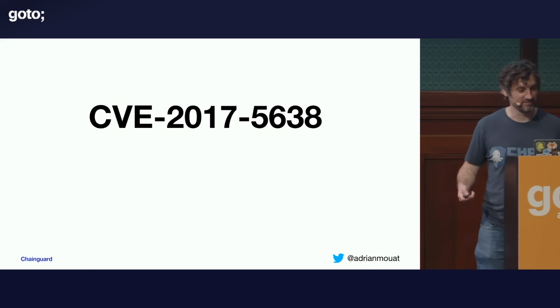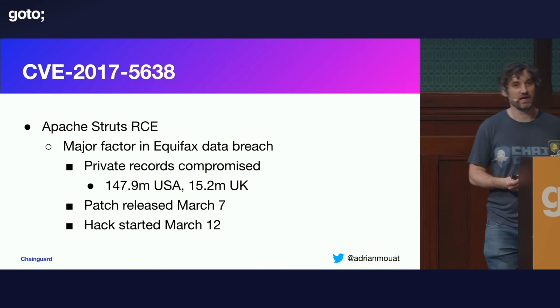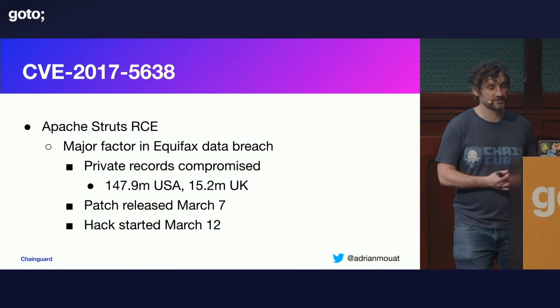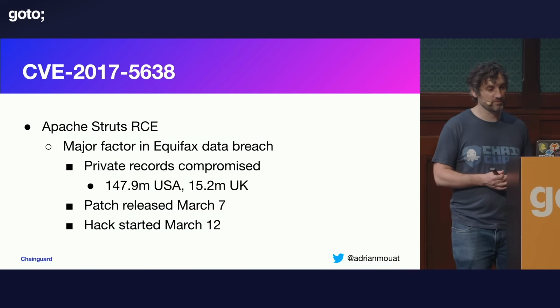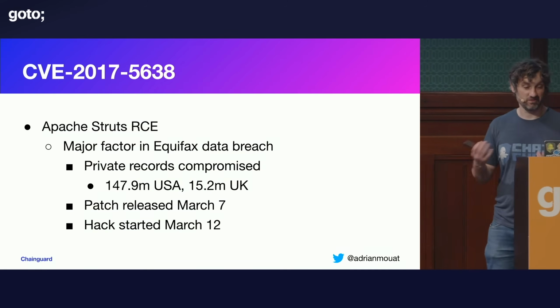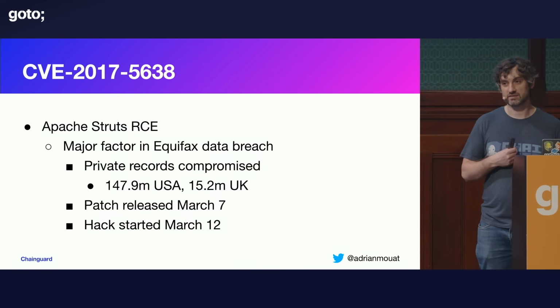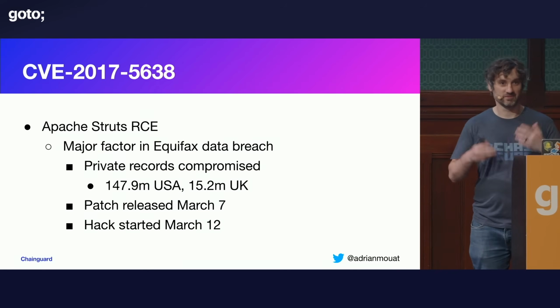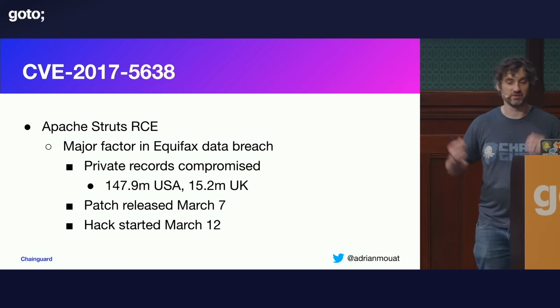It's actually Apache Struts. So this was a remote code execution in Apache Struts, which most of you are probably aware is a Java MVC framework. And it actually allowed complete remote code execution via HTTP headers. So all an attacker had to do was craft a malicious HTTP header, and they could run code on your server.